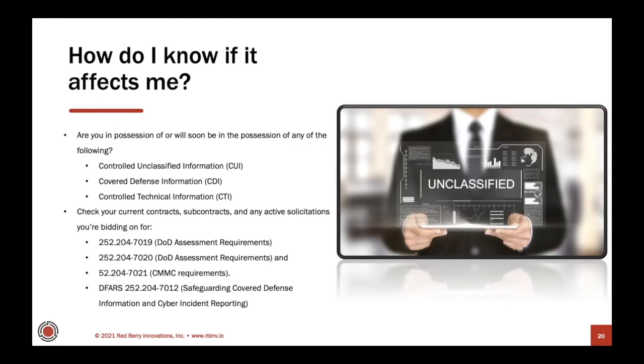So how do I know if it affects me? Know whether or not you are in possession of any controlled unclassified information, CUI, or covered defense information, CDI, or controlled technical information, CTI. You may be surprised to find out you have it and are required to control access to it.